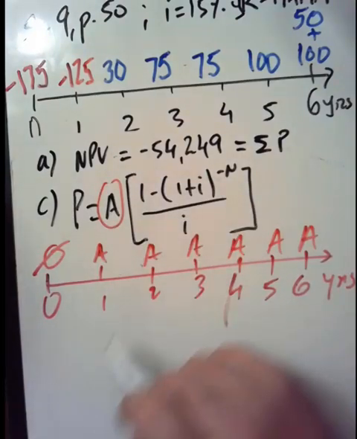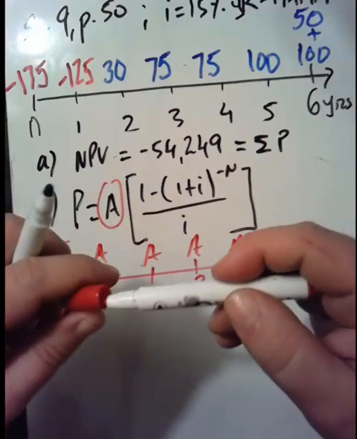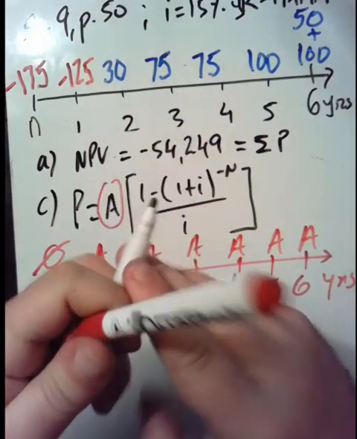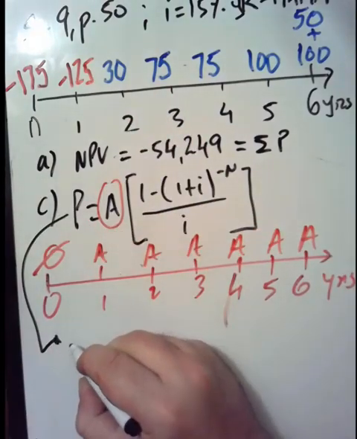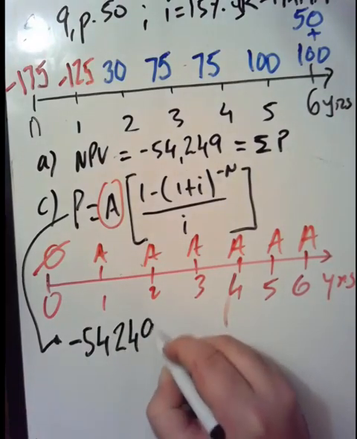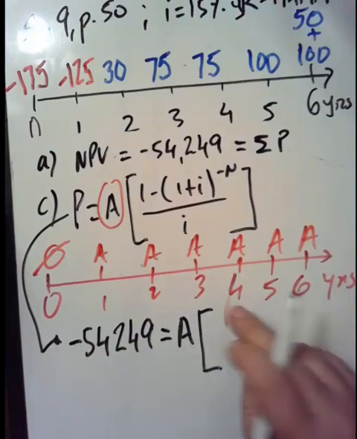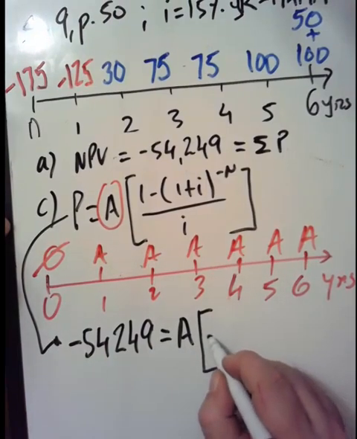What is the annuity that goes from time 1 to time 6 that has equivalent net present value? So we're looking to solve this equation for A. We would impose the present value to be the 54,249 we found from part A. Leave the A as the unknown, that's what we want to find out.